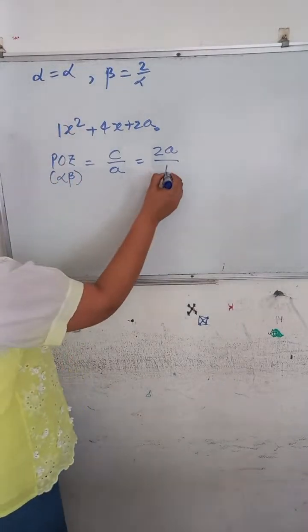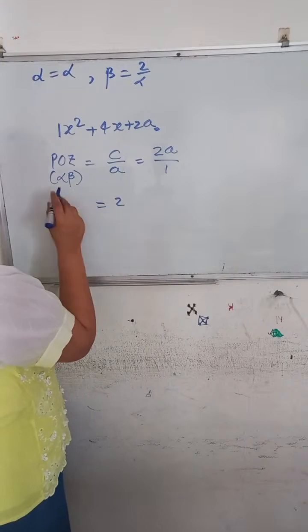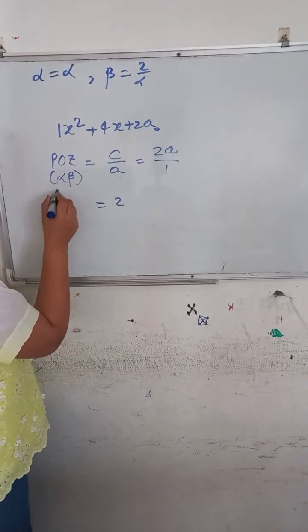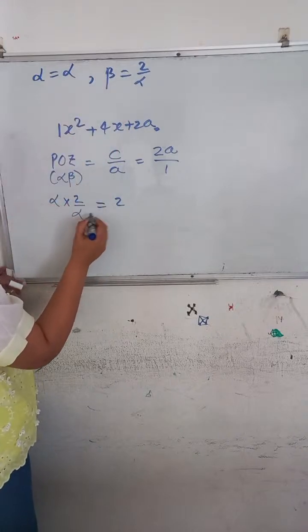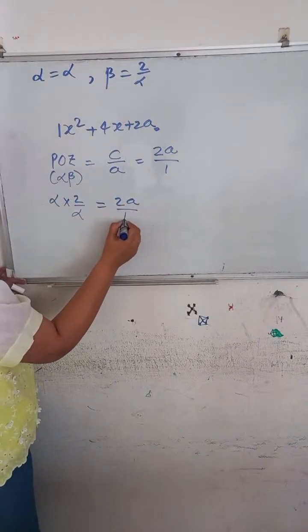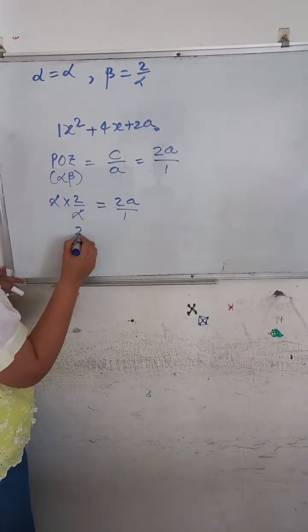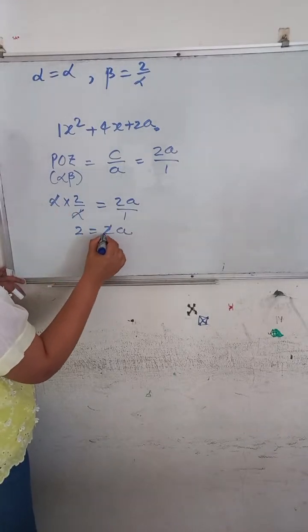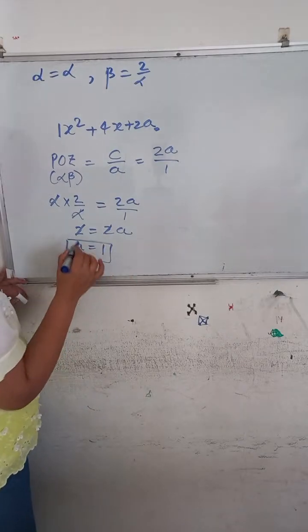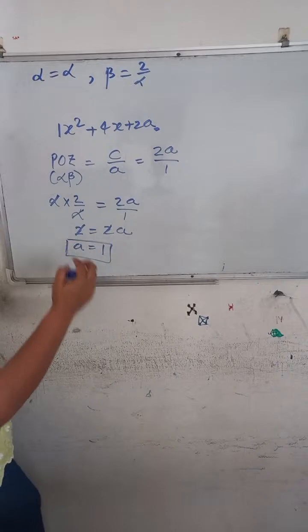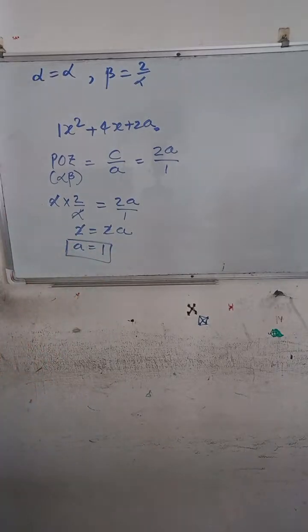So here alpha into beta: alpha remains alpha, but beta value is 2 by alpha, that is 2a by 1. So alpha and alpha get cancelled. 2 is equal to 2a. 2 also gets cancelled. So a is equal to 1. Don't write 0 here because 2 divided by 2 is 1. Okay, so the value of a is 1.